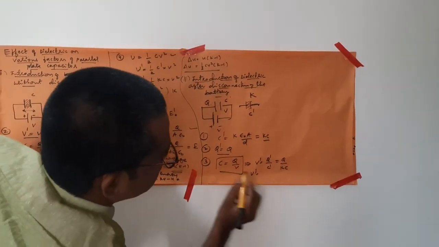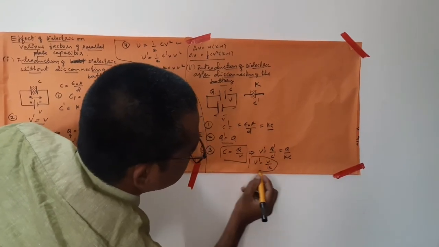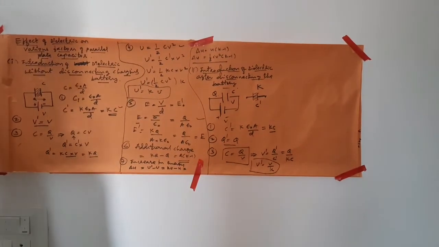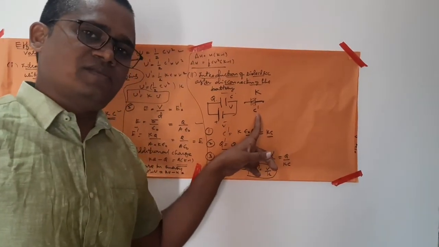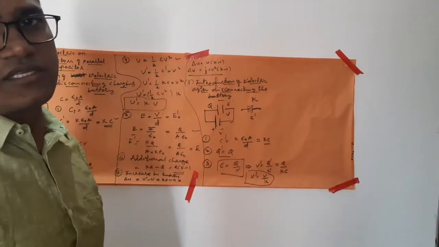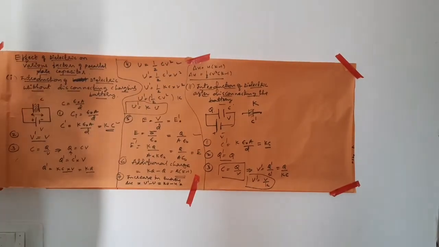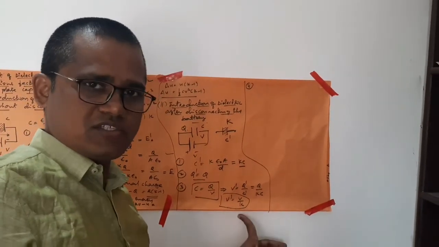What is Q by C? It is V. Therefore V by K. Therefore potential difference will decrease by K times. So after introducing the dielectric, the potential difference will decrease by K times.